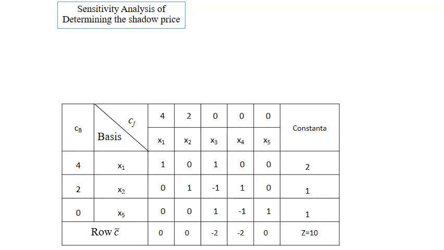Okay, so now we will search for the shadow price in this optimum table. And then, as I said before, the first constraint is related to the x3. So if the x3 goes up, then z will go down.